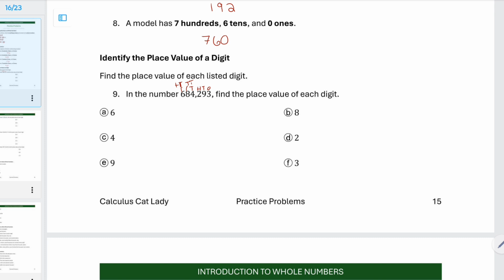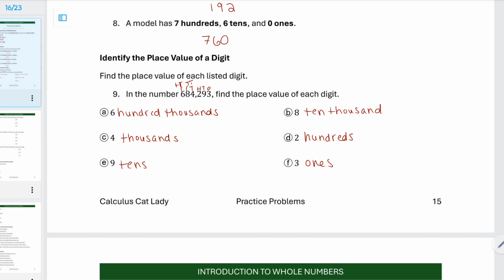So the 6 is in the 100,000s place, the 8 is in the 10,000s place, the 4 is in the thousands place, the 2 is in the hundreds place, the 9 is in the tens place, and the 3 is in the ones place.